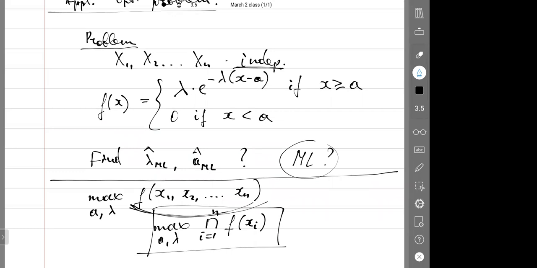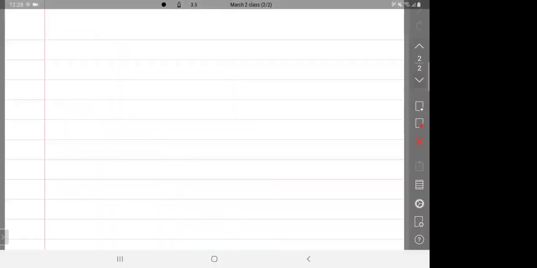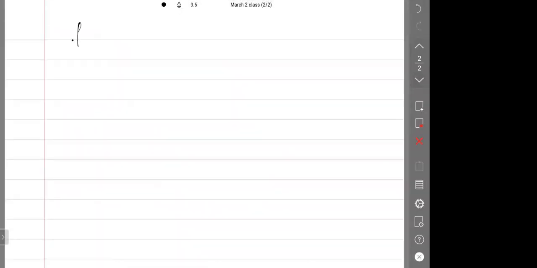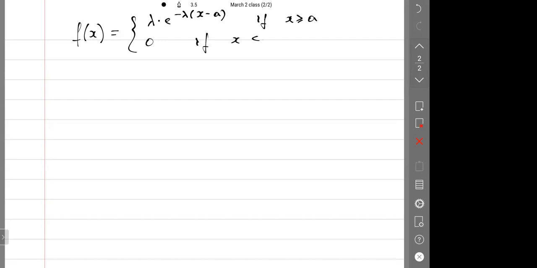Okay, what will we do? f of x is lambda e to the minus lambda (x minus a) if x is greater than a, 0 if x is less than a, and we maximize.